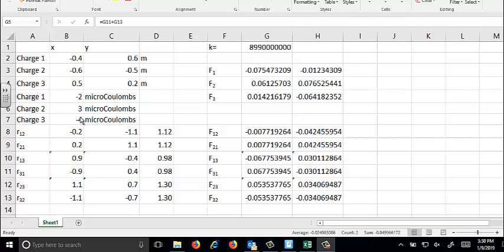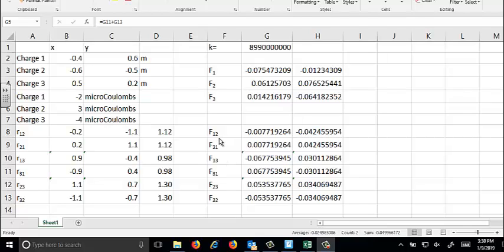I put in the charge values in microcoulombs. Then I calculate the vectors R12, R21, R13, R31. So these are the x components of the vectors, the y components of the vectors. This is the magnitude. This squared plus this squared, take the square root. So that's the magnitude, and then I calculate the different forces.